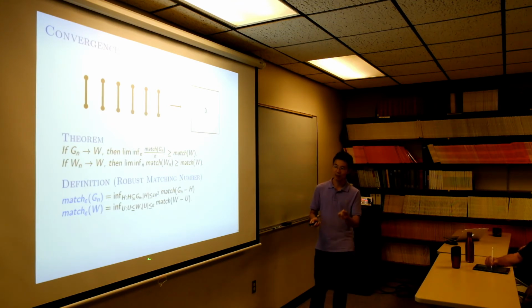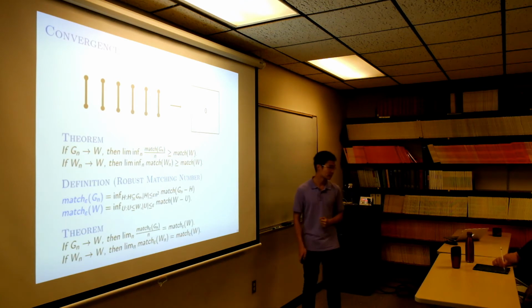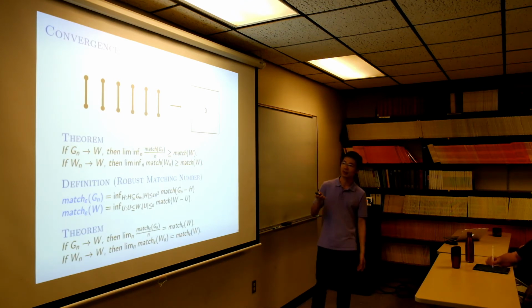And the same for graphon W. You remove something which is tiny, which means the value is less than or equal to epsilon. And then you look at the matching number. And in this way, we have equality. Which means in some sense, this is the only bad thing we have.